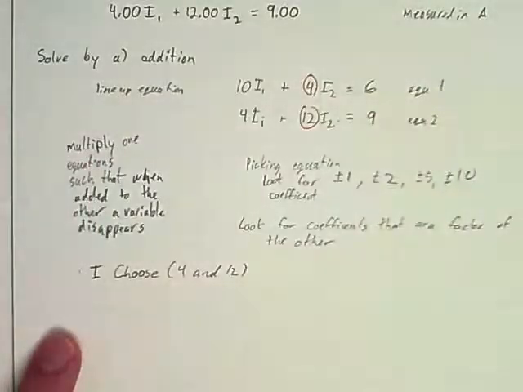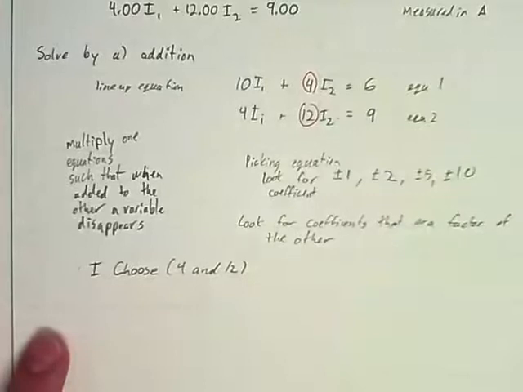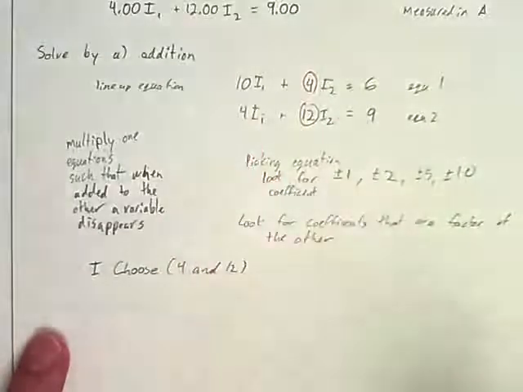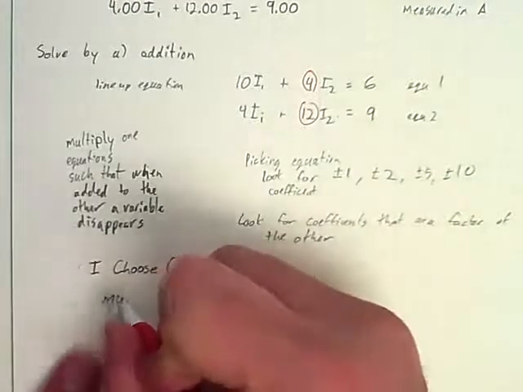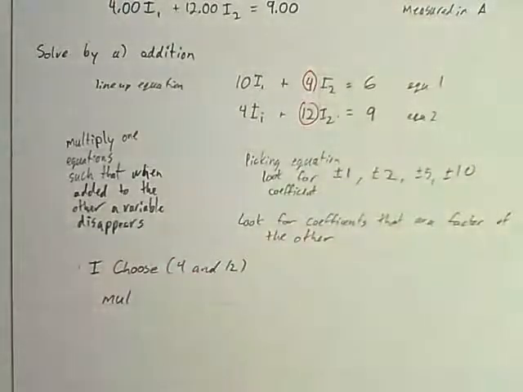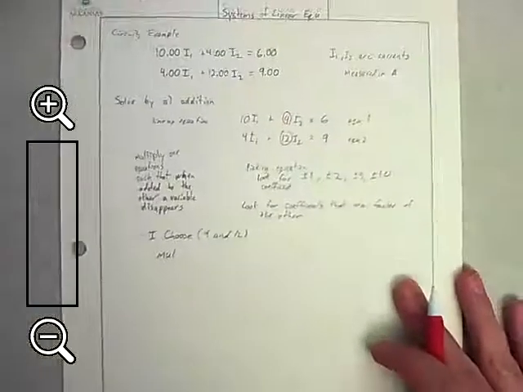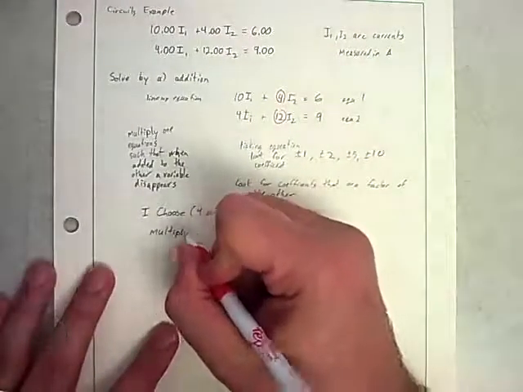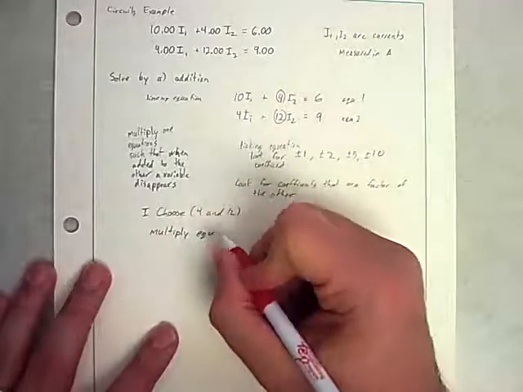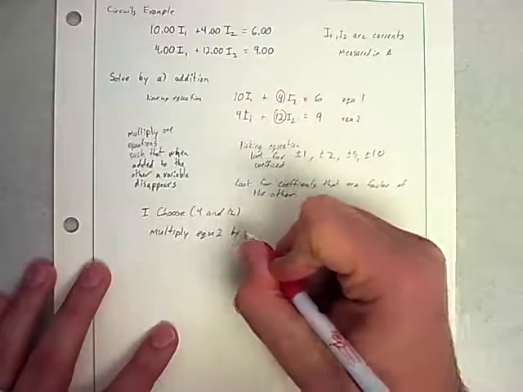You can choose to do it a different way. You could have chosen to take this one and multiply it by 2.5, and that sort of thing. So what I'm going to do is multiply. I'm going to zoom out a little bit as we start extending down the page. Multiply equation 2 by -3.